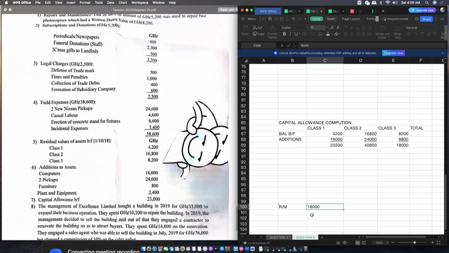Very good. So what is 20% of 18,000? 3,600. Take the 3,600 from 18,000. That gives 14,400.